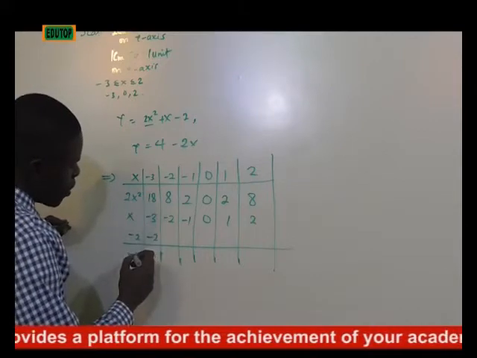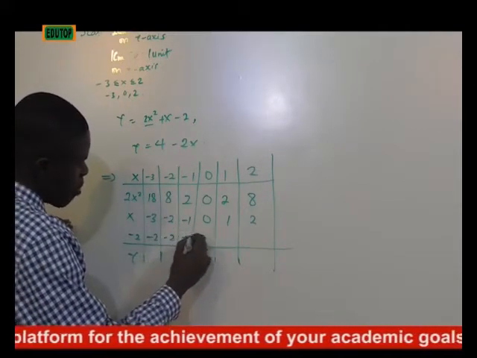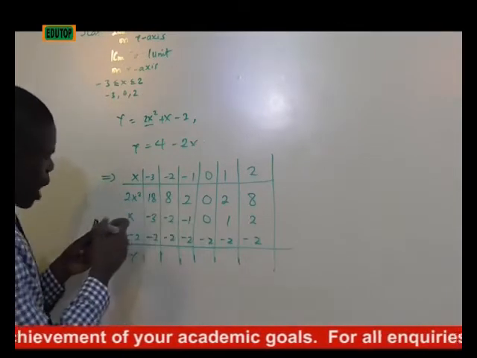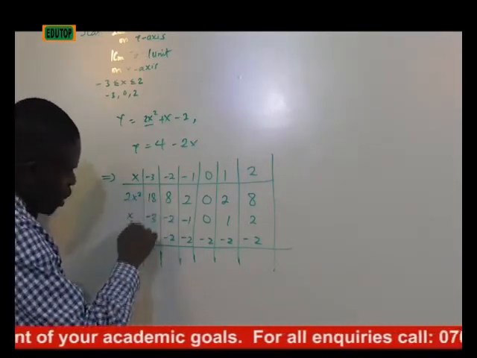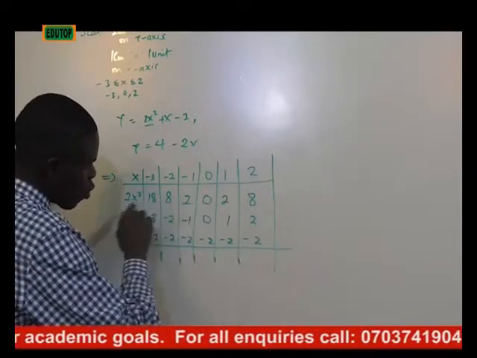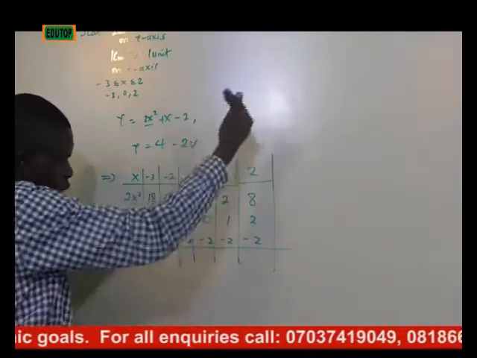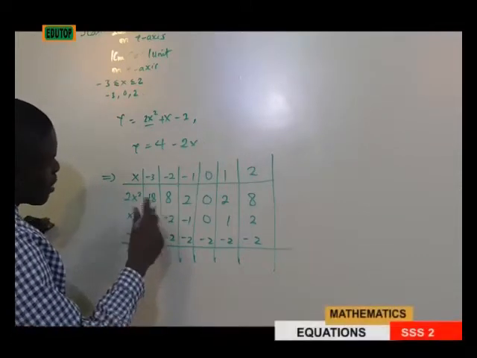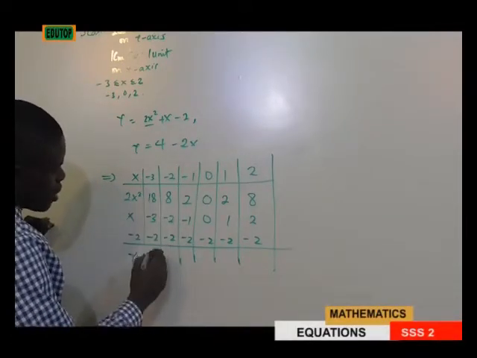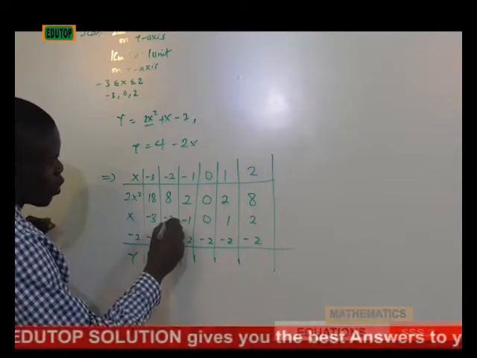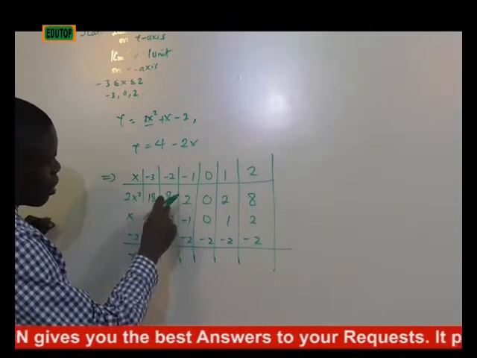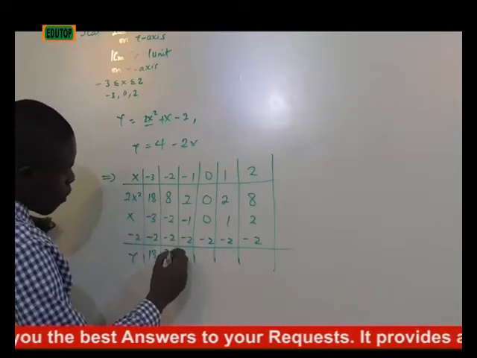Now, our interest is to resolve what we have in these 3 rows, excluding this and excluding this. This minus this, that is minus 5. Minus 5, this becomes 13. Minus 2 minus 2, minus 4. Minus 4, 8 minus 4, that's 4.